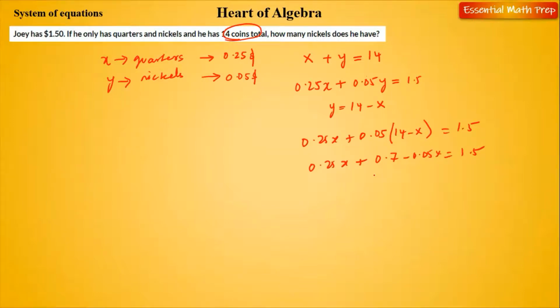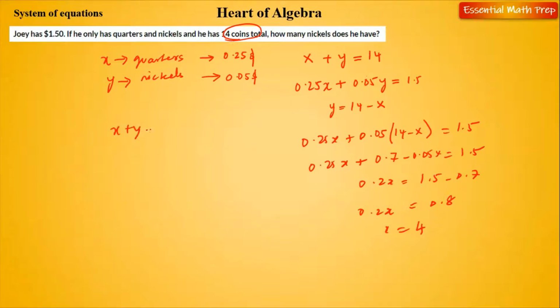So 0.25 minus 0.05 is 0.2X equals 1.5 minus 0.7, which is 0.8. So 0.2X equals 0.8, X equals, I think it's 4. Yeah. So he has 4 quarters, right?